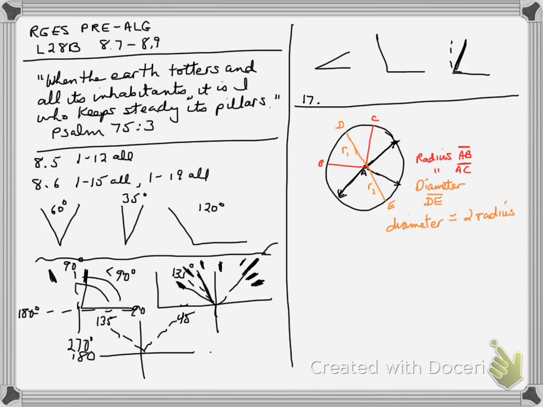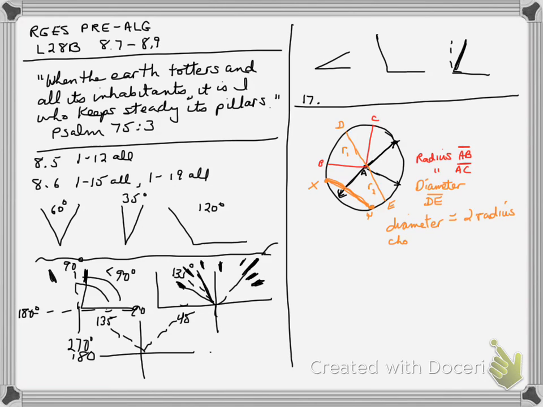A chord is any line that has one endpoint and another endpoint on the circle. So this, that's supposed to be a straight line, sorry, XY is a chord.